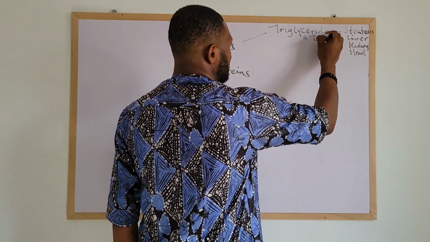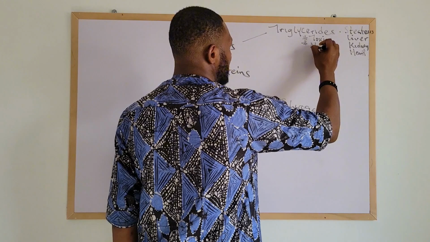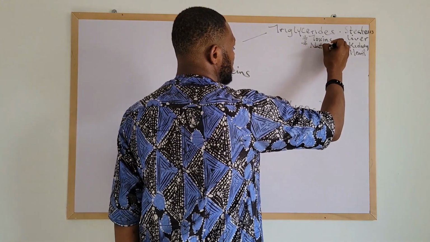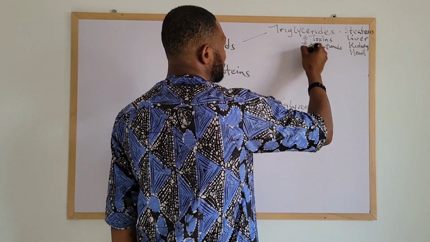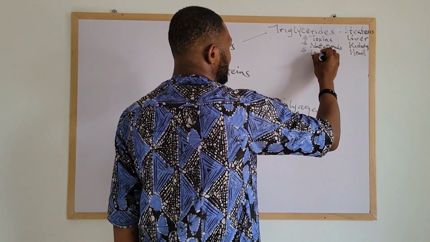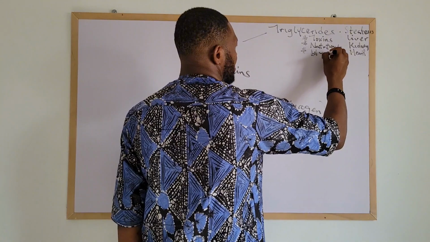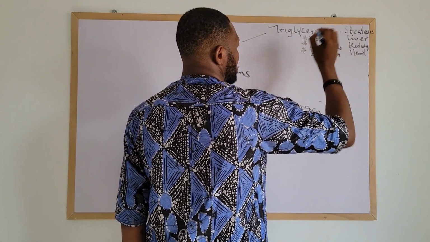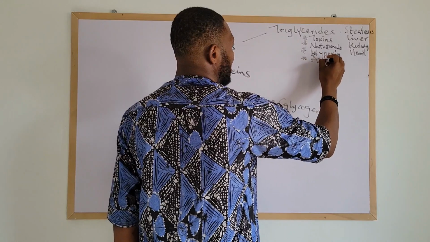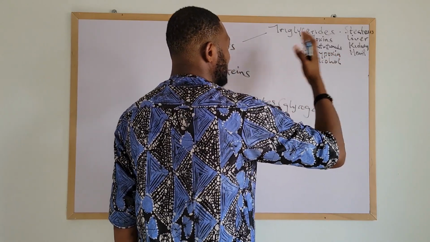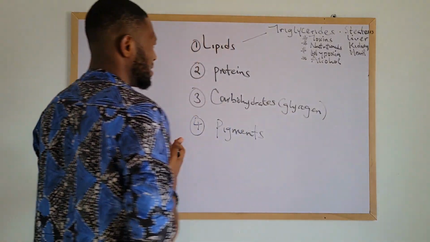Steatosis can happen because of toxins. It can happen because of nutritional diseases. Steatosis can happen even in ischemia, or let's say hypoxia. It can also happen as a result of alcohol. These are some of the things that can cause steatosis.